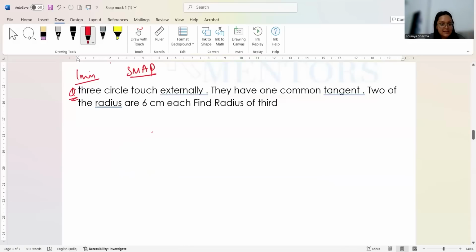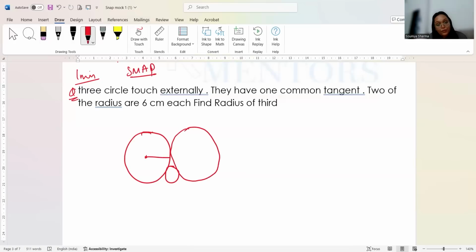Two of the radii are 6 centimeter each, and find the radius of the third. So here it is touching such that, okay, this is the way it is touching, right? I'm sorry for this, but yeah. Now it's clear. Okay, so I'll use some different color for this. We know they have one common tangent.